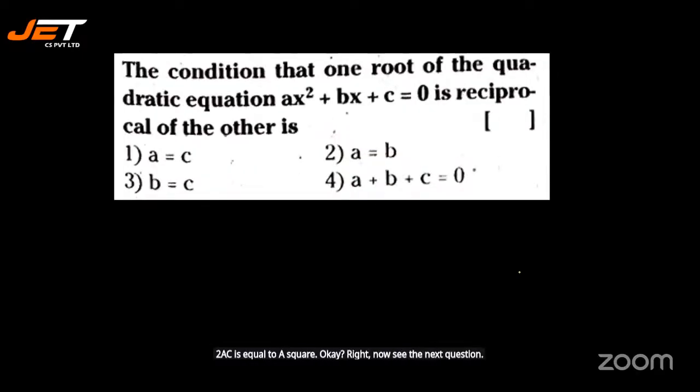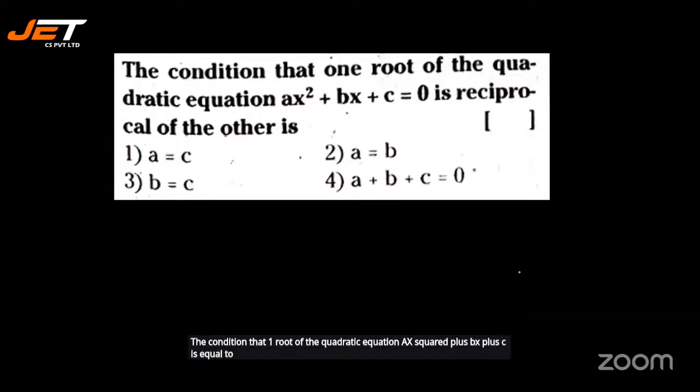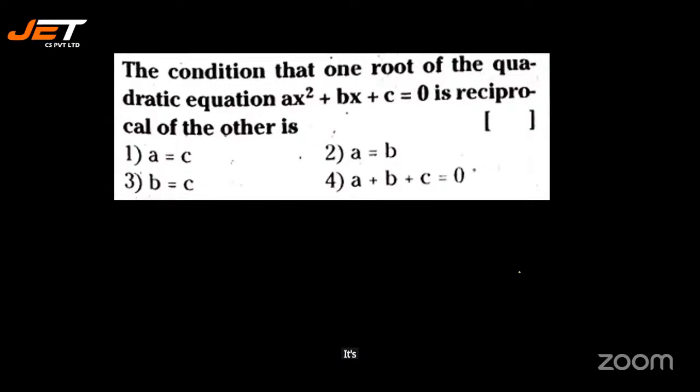The condition that one root of the quadratic equation ax square plus bx plus c is equal to 0 is reciprocal of the other is dash. Right? So the condition that one root is reciprocal of the other means that alpha will be 1 by beta.